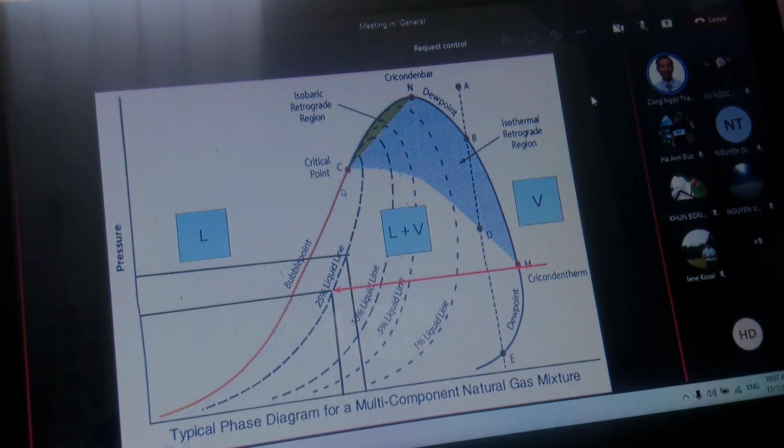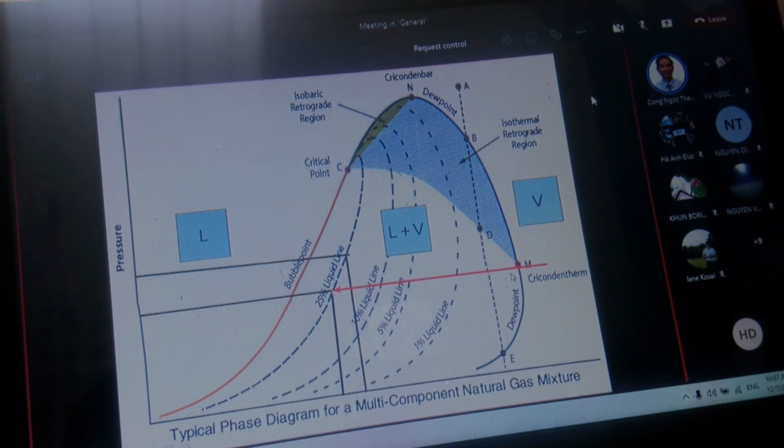However, in this chapter, or in gas conditioning and processing, the working condition is actually at a high pressure. Therefore, we mainly concentrate on temperature. We decrease the temperature because the working pressure is high enough.